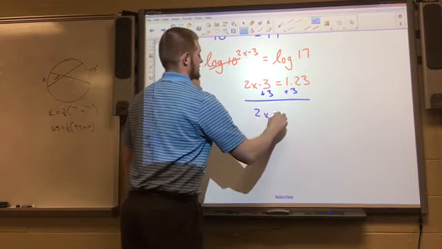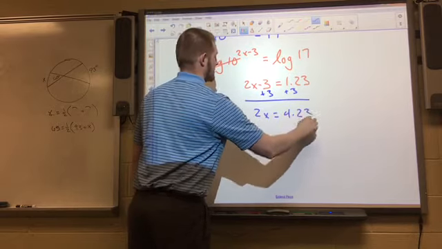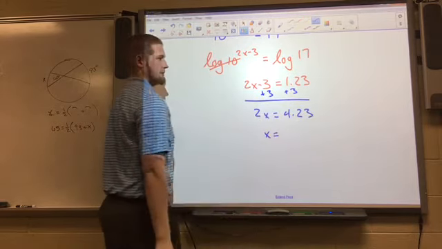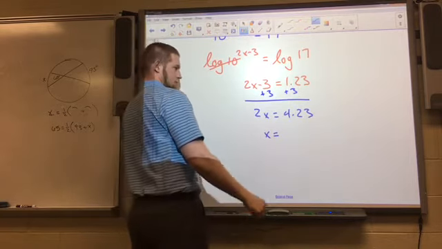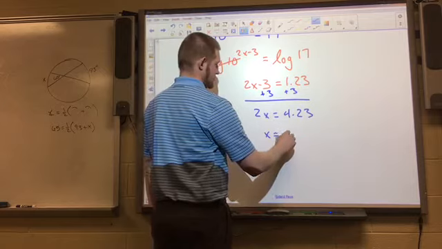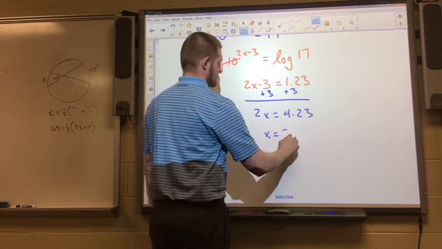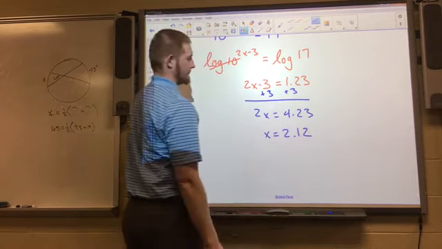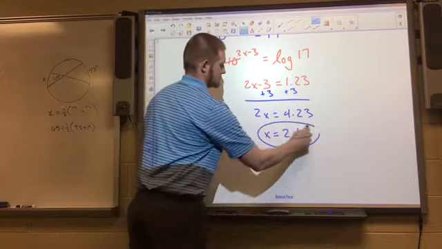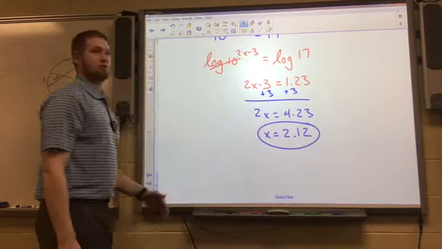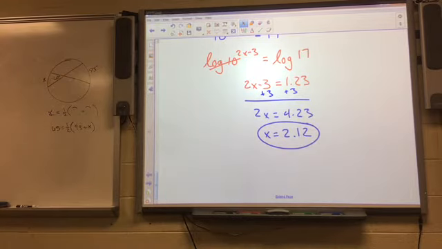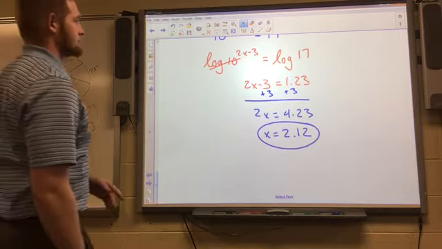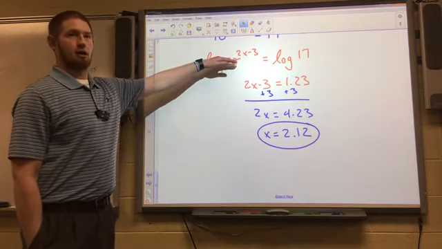I get 2x equals 4.23. X equals 2.125. Okay, using the same idea from the last example, you have to use the same base as the side you're trying to drop down.